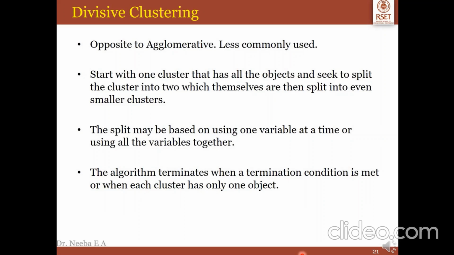The divisive method is the opposite of the agglomerative method, in that the method starts with the whole data set as one cluster and then proceeds to recursively divide the cluster into 2 subclusters and continues until each cluster has only one object or some other stopping criterion has been met.